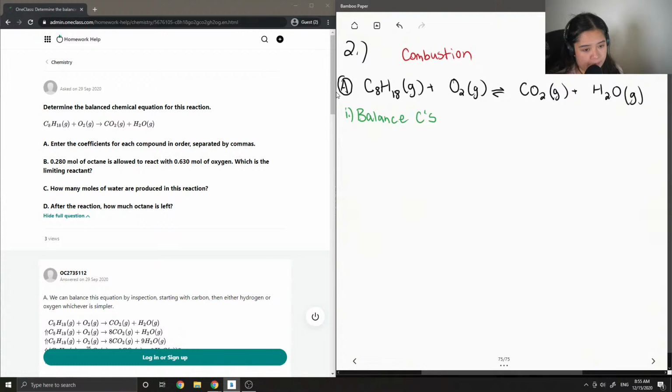So when we want to balance out the carbons, you'll see that the hydrocarbon, which is octane, contains 8 carbons. So I need to write an 8 in front of CO2 so that my carbons are balanced. And then after I balanced out my carbons, next I want to balance out my hydrogens.